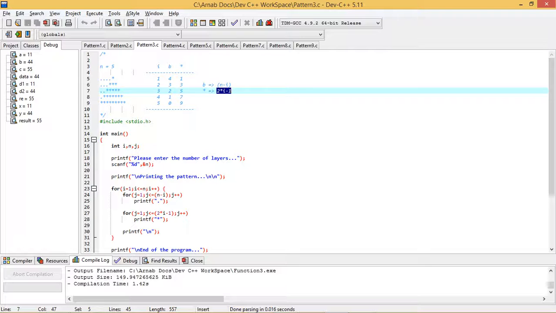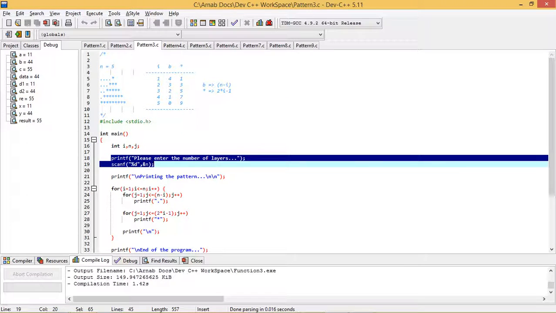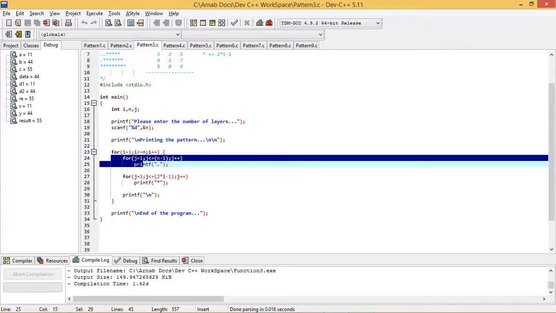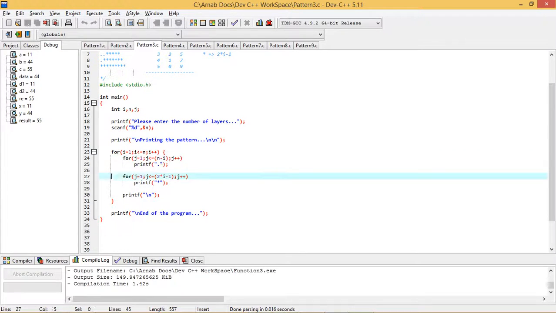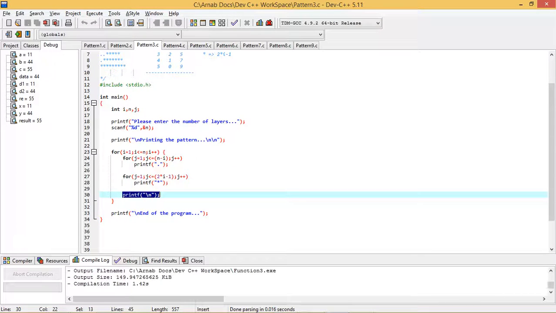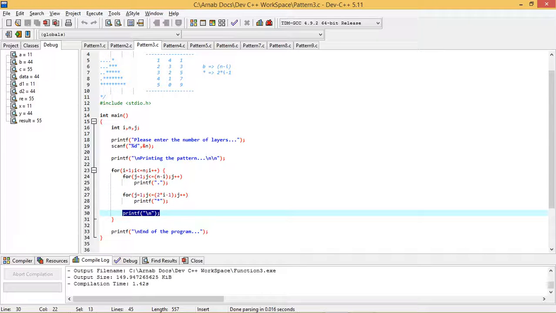So I'm getting the value of n from the keyboard as input, and then for n number of layers, that means for I equal to 1, I less than or equal to n, I plus plus, I shall print a certain number of blanks, then I shall print a certain number of stars, then I shall go for a line break. How many blank spaces are we going to print? The logic is n minus I. So for j equal to 1, j less than or equal to n minus I, j plus plus, printf this dot.